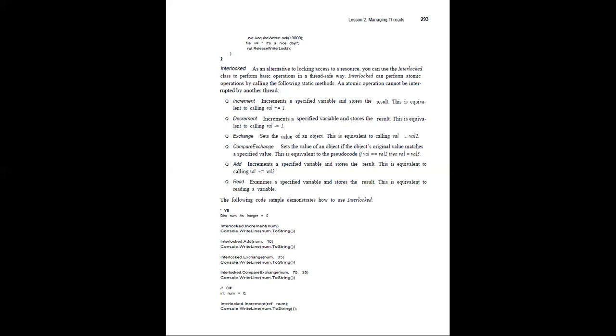So let me show an example. For example, Interlocked.Increment, that's only incrementing one number. You don't necessarily need to add two statements, first a lock, then run the function, then release the lock.